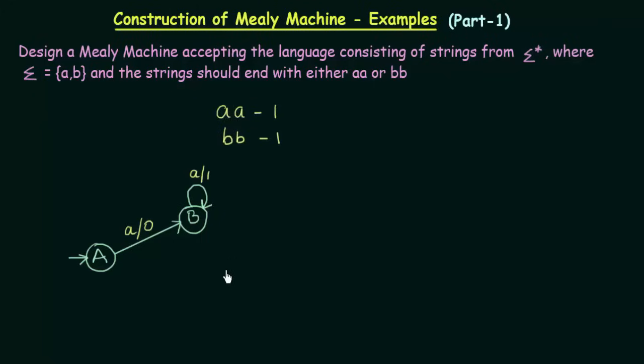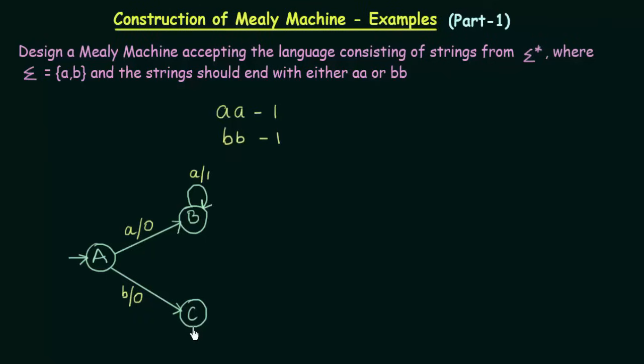Now let's see for BB. For that, I will make another state called state C, and I will send A to C if A gets the input small b. And what should I print here? I will print output 0 because it is only one b that I got, but I want 2 b's.